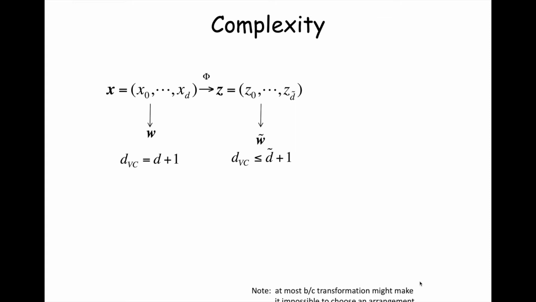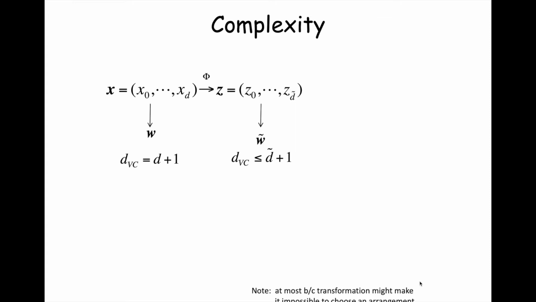And when we transform this into the new representation, our VC dimension is going to be, and this is on purpose, less than or equal to D tilde plus 1. And the reason for that has to do with the way we do these mappings.